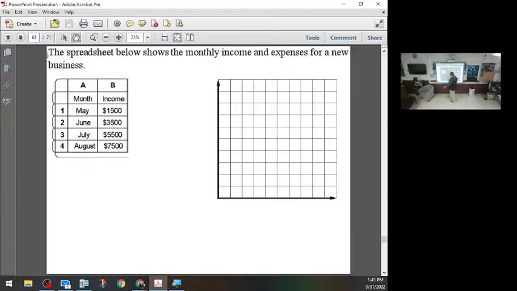We have a table that shows month and income for a particular new business. What I want you doing is make a scatter plot that includes labels.